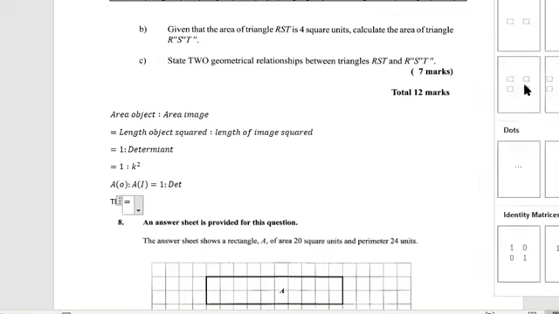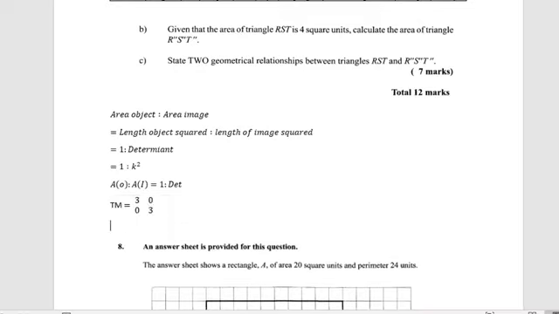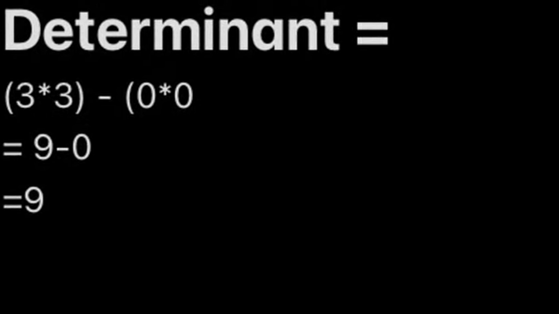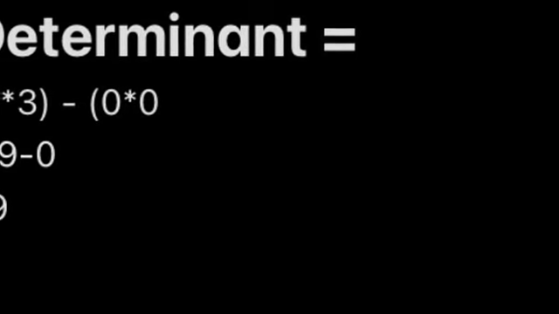So it is 3, 0, and then 0, 3 basically. So when we do the cross multiplication of this transformation matrix, what we will get is the determinant being equal to 3 multiplied by 3 to give us 9, and 0 multiplied by 0 to give us 0, and 9 minus 0 is 9.